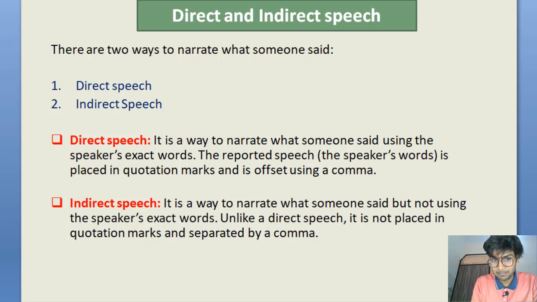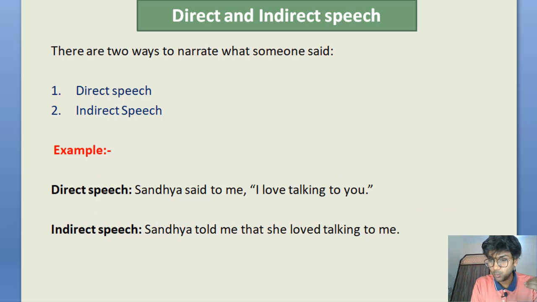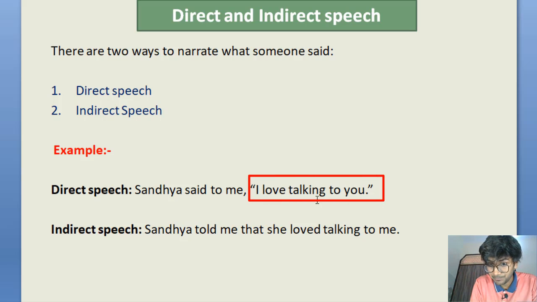So let me show you an example and make you understand what is a direct and an indirect speech. Sandhya said to me, "I love talking to you." So this is the reported speech. The part that is coming in quotation marks, this is the reported speech.